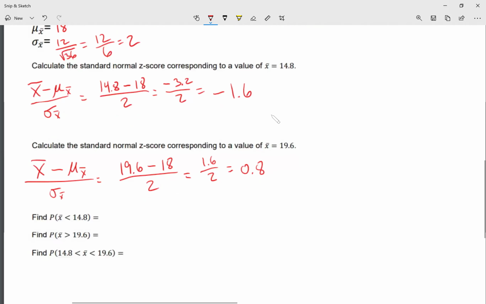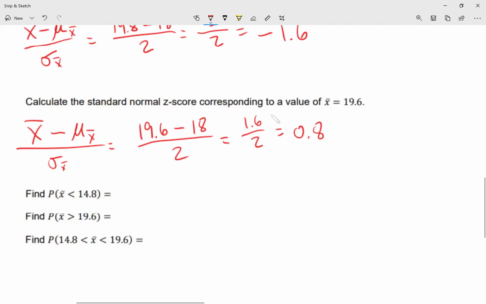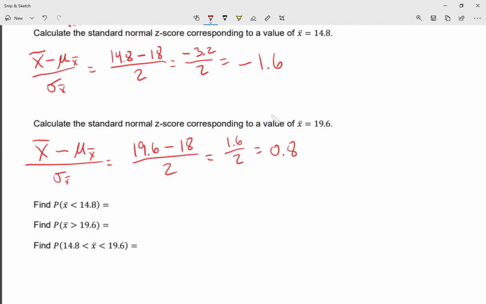Now here, I'm going to use my probability. I remember I gave you guys a table last unit, and I'm giving it back again this week, the z-score table. So now let's take a look here. Let me zoom in. Find the probability that X bar is less than 14.8.